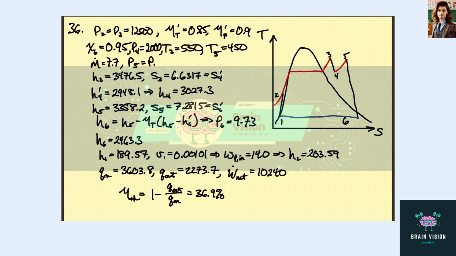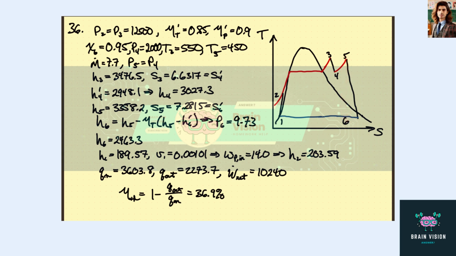P5 equals P4. So we can get the enthalpy at 5 and the entropy at 5. And then the isentropic entropy at 6, straight down here, is the same as the entropy at 5.